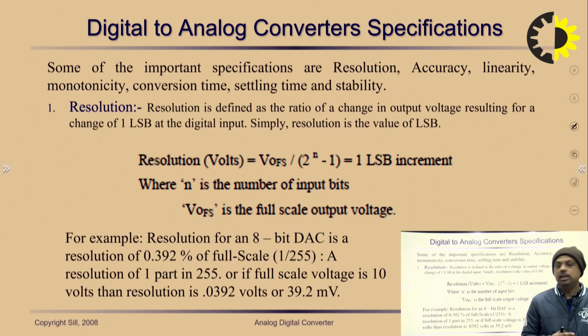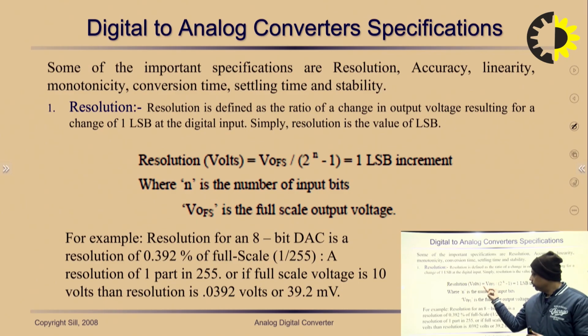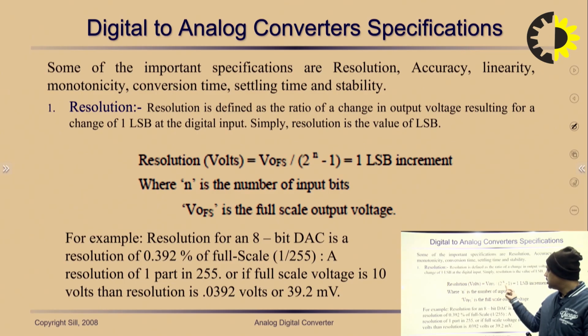So if we see the formula, the output full scale analog reading is divided by 2 to the power n minus 1, where n is the number of bits in the digital input. Or we can say this is the least significant bit increment in the voltage at the output.